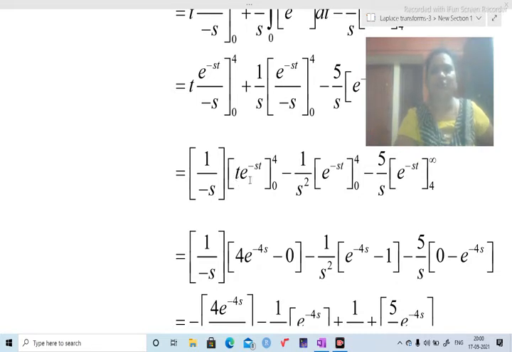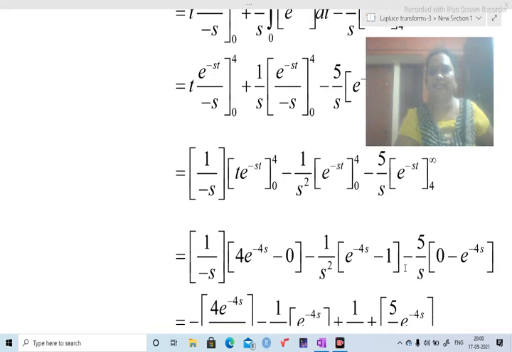Now for this function I am going to substitute the upper limit, that is replace t with 4. 4 into e power minus 4s. So we are going to get this value minus, substitute the lower limit. 0 into anything is 0. So 1 by s square as it is. Again substitute t equal to 4. Then we are going to get this step minus, t equal to 0 means e power 0 is 1.